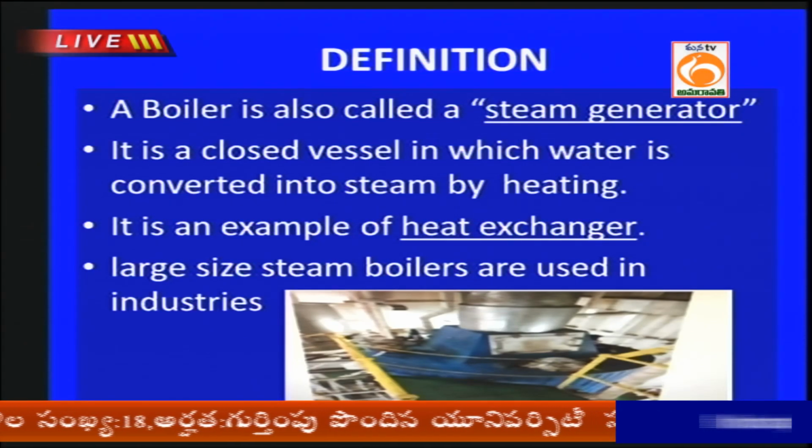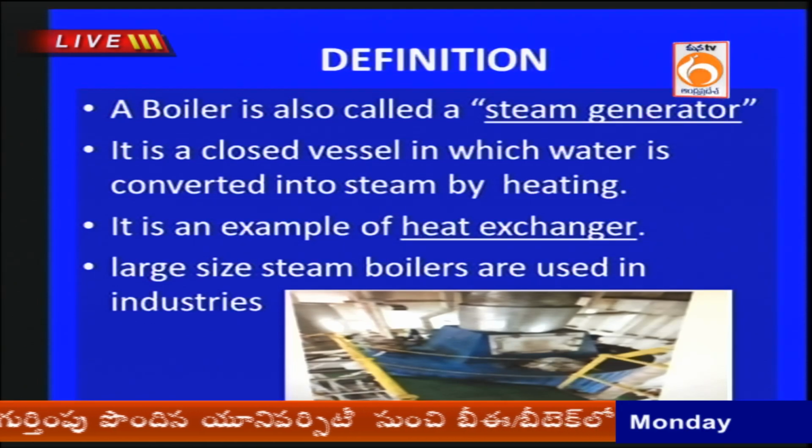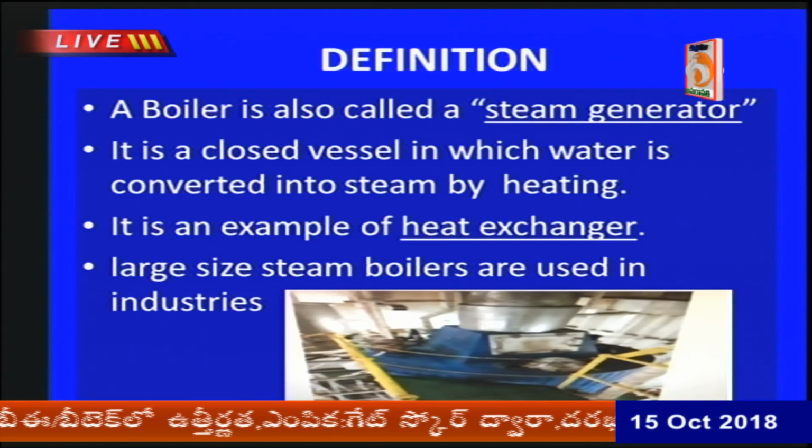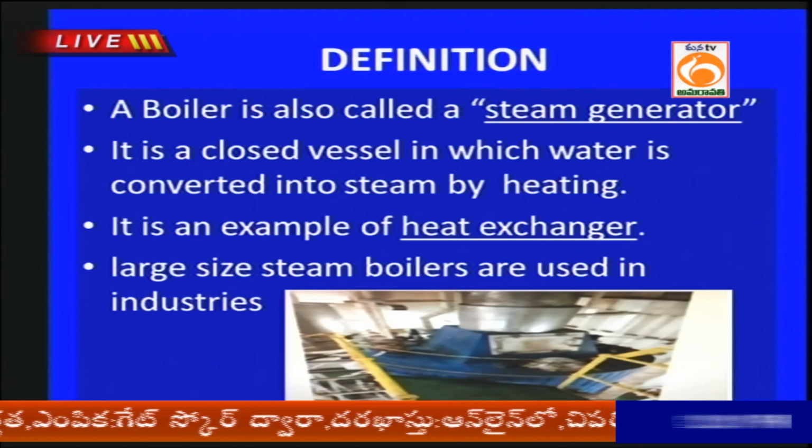How is the steam produced? When we apply heat to the water, it is converted into steam after its boiling point. Water takes energy from the heating by fuels and gets energized, and its kinetic energy also increases.